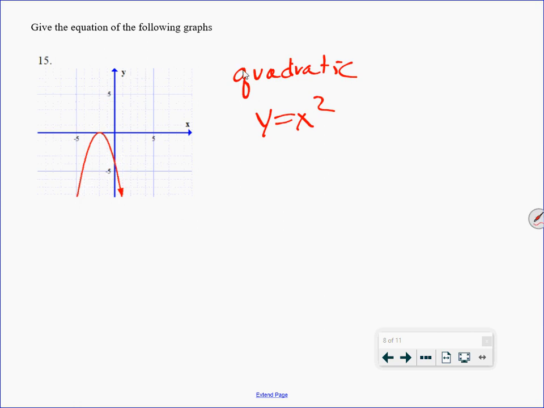Well, what's happened is that the vertex has been shifted to the right 2. Remember, stuff inside goes backwards. And it's not opening up, it's opening down.